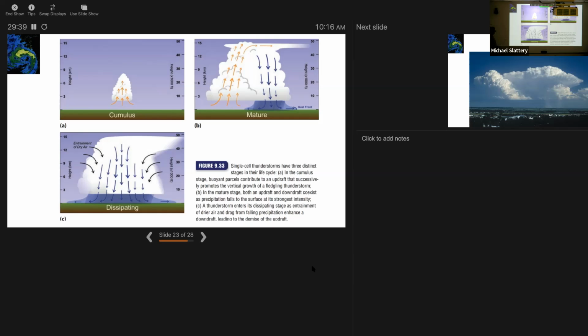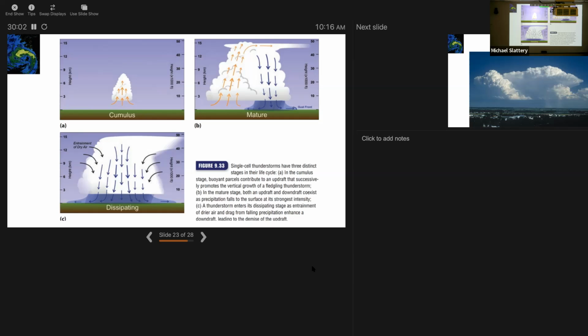So in the mature stage of a thunderstorm, you've got updrafts and downdrafts that are juxtaposed, right next to one another. Okay, and then you've got what we call the dissipating stage of the thunderstorm, and that is when the storm begins to die out. That's when the downdrafts dominate the storm system. In fact, the downdrafts cut off the updrafts.